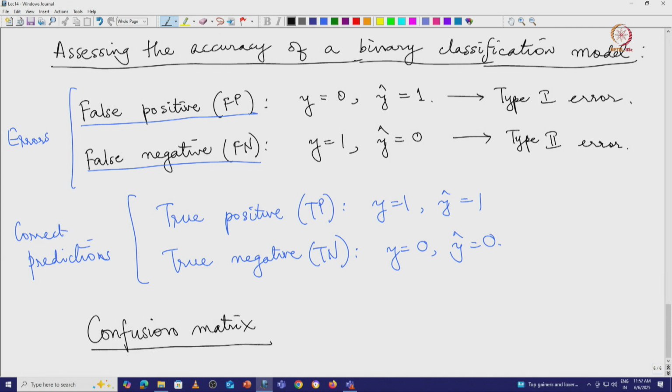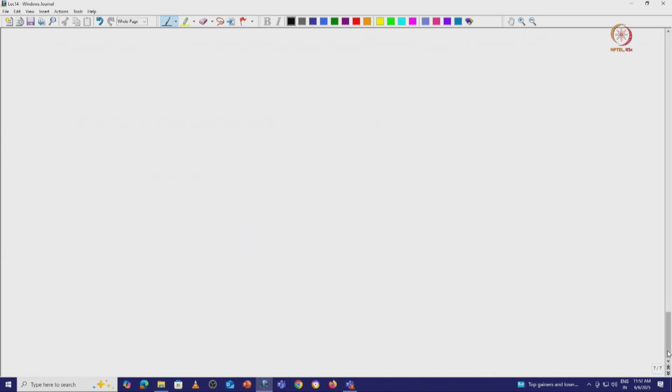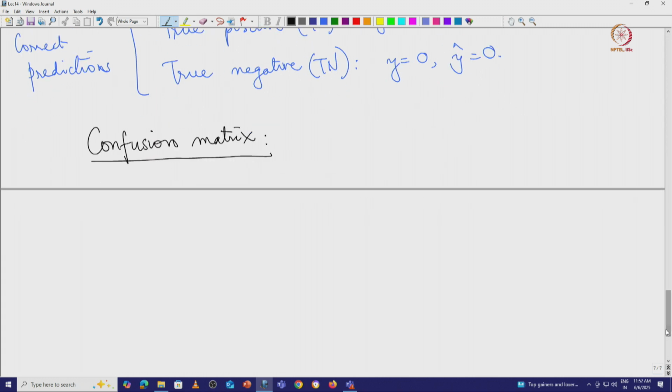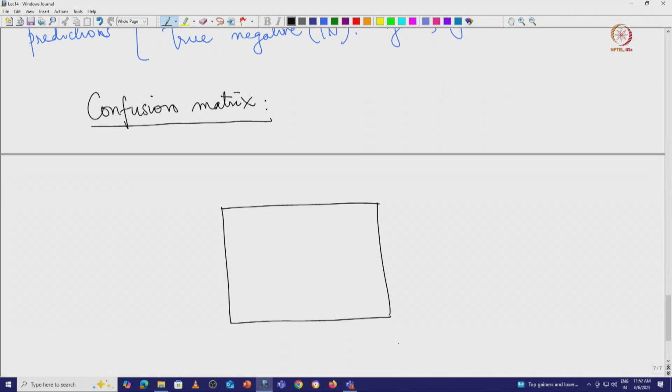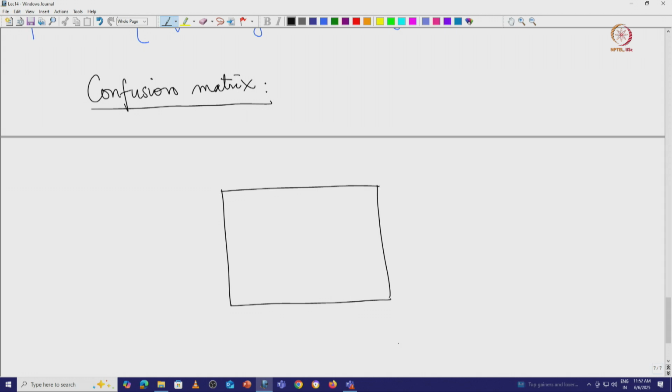So let us see how this confusion matrix is written down. It is a 2 by 2 grid because like we just discussed there are 2 possibilities, and here you have the predicted values. Let us make this a bit big.